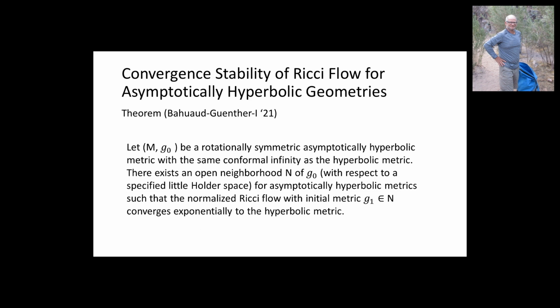I want to talk about these new results, also with Eric Bahuaud and Chris Guenther, just finishing up this year, which show that we have convergent stability of Ricci Flow for asymptotically hyperbolic geometries.